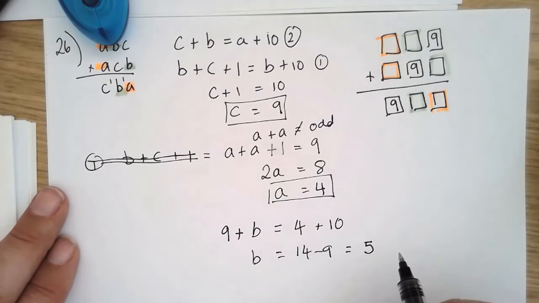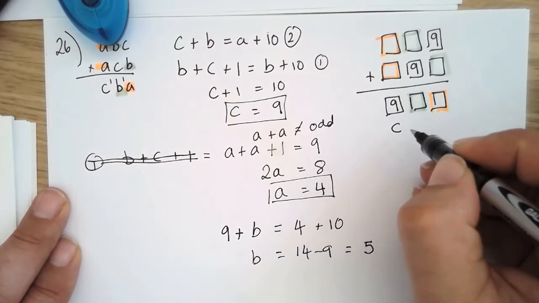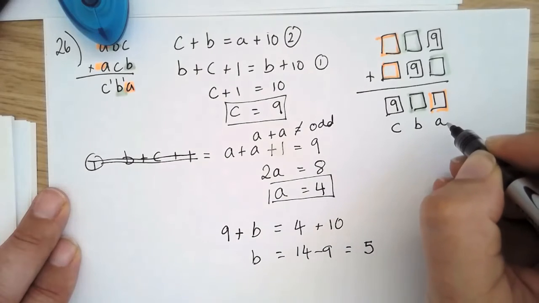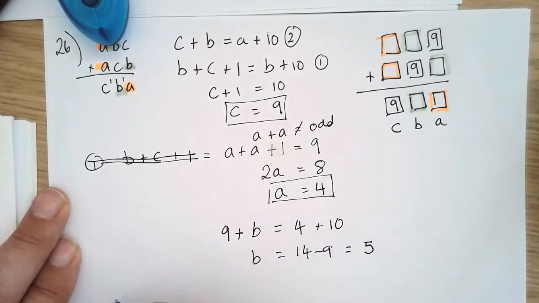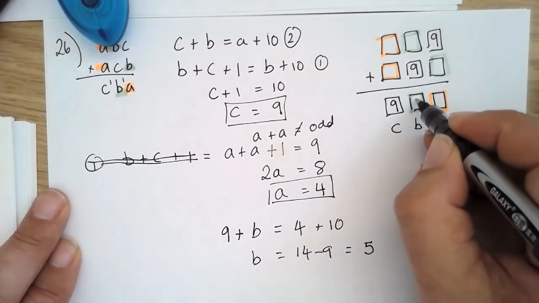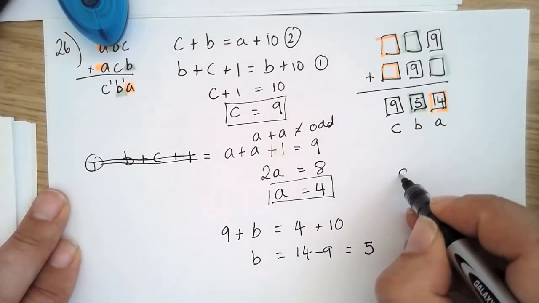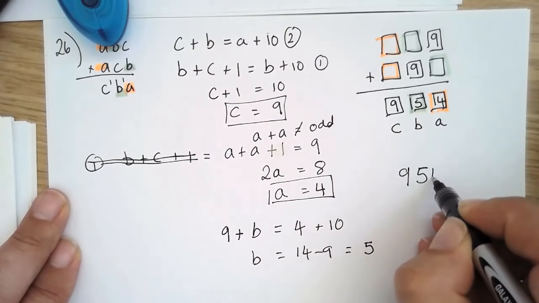So therefore what we are looking at is this number across the bottom here, CBA. So CBA is 9, B is 5, and A is 4. So the answer is 954.